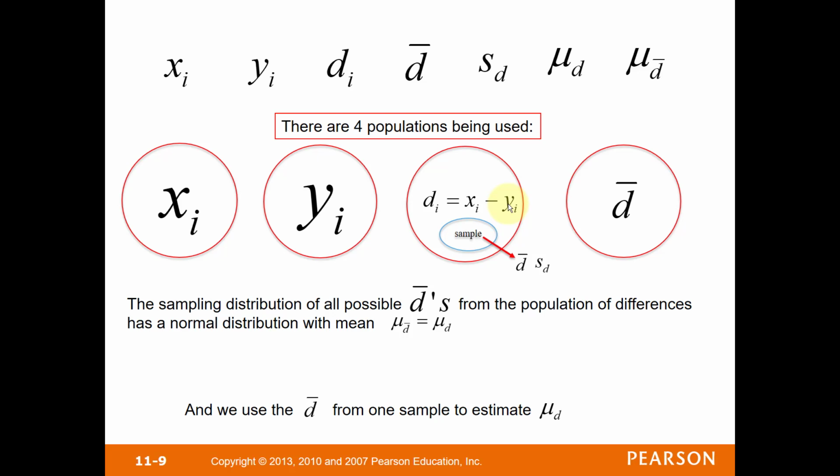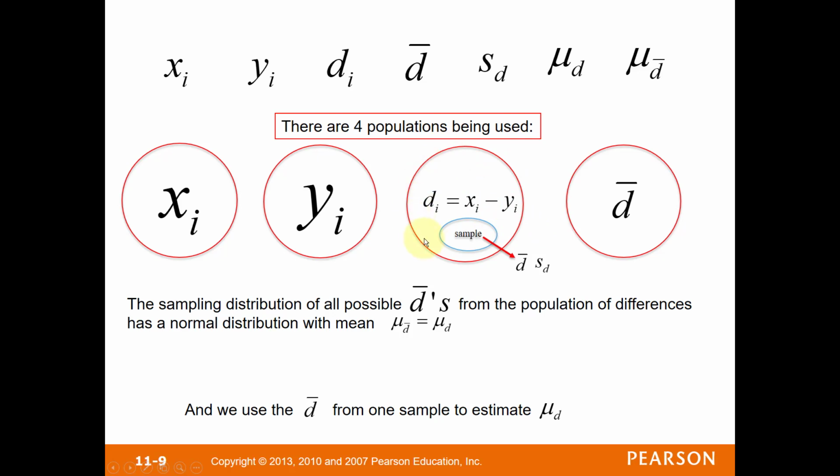I'm trying to analyze the difference in those heights, whether sons are taller or fathers are taller or they're about the same. So, first population of X's, a second population of Y's, but we're assuming we have matched pairs, so the X's and Y's all go together. So I can subtract father, son, etc.